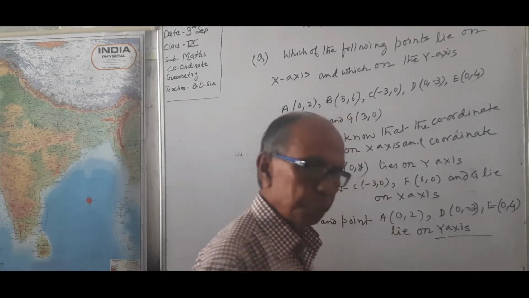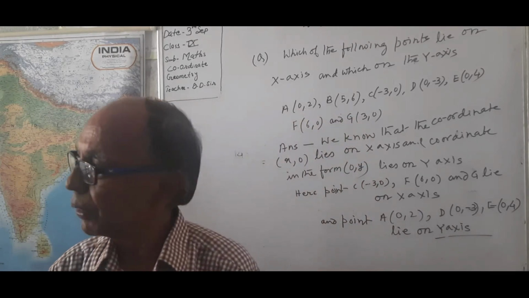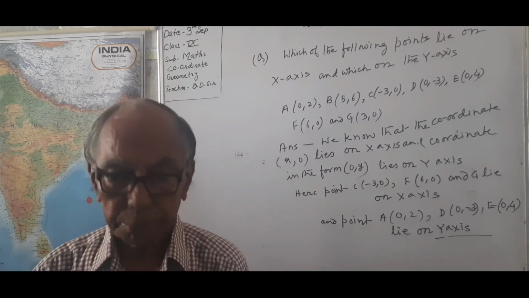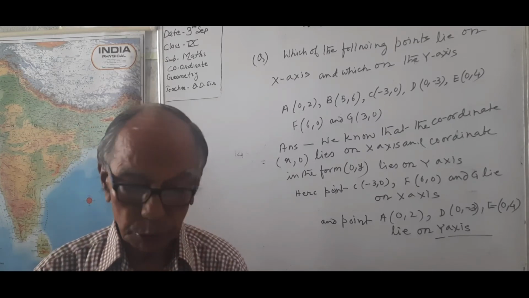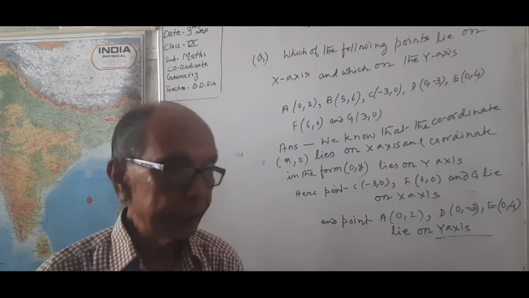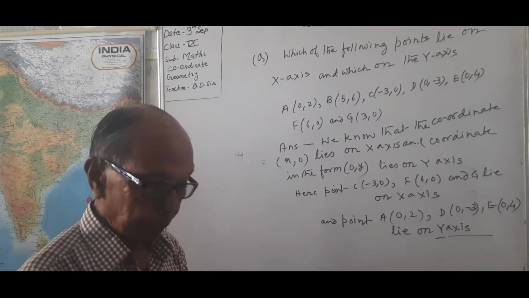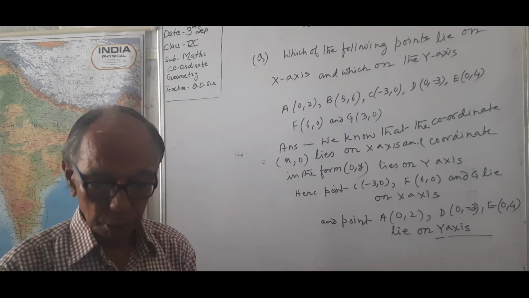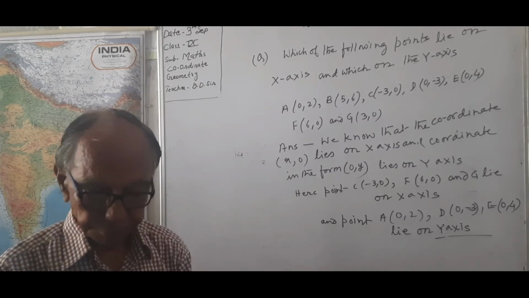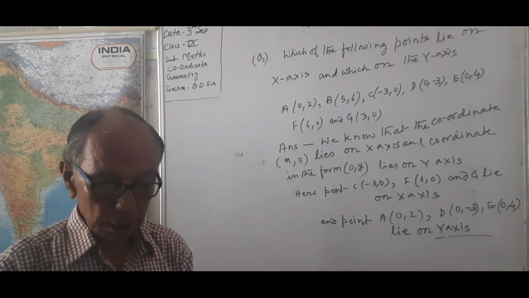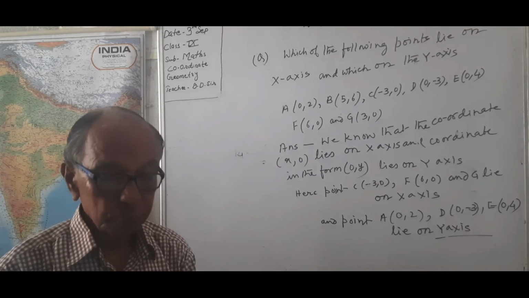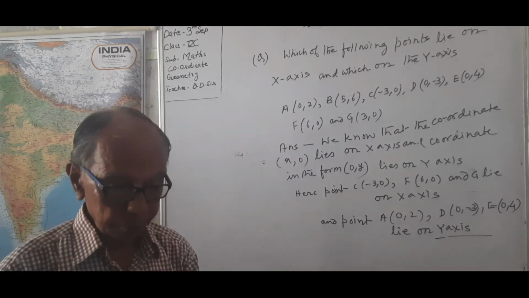Similarly, if there is a value of the x-coordinate but a 0 value of the y-coordinate, then these points will lie on the x-axis. So this is a very simple question. We have done this. One more question.